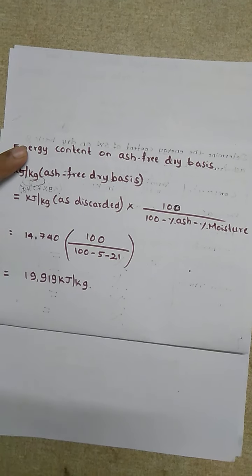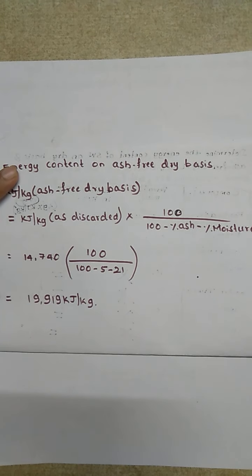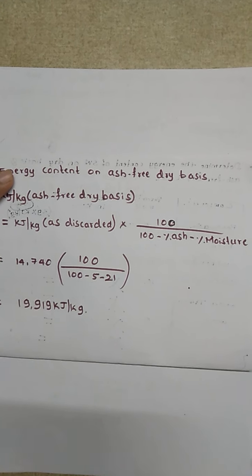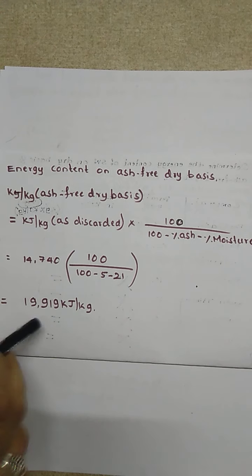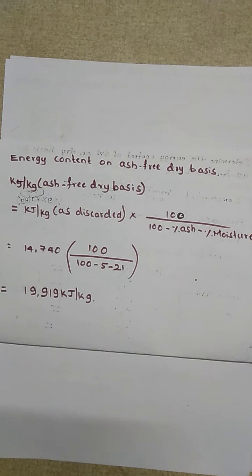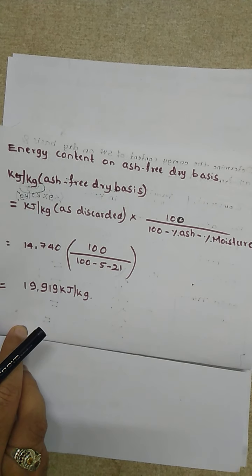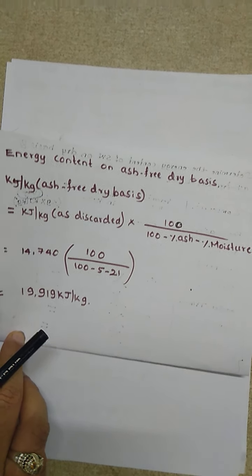Then moisture content is given to you, that is 21%. So 14,740 into 100 divided by 100 minus 5 minus 21, we are going to get ash free dry base as 19,919 kilojoule per kg. So this is how we are going to solve the problem on the energy content.